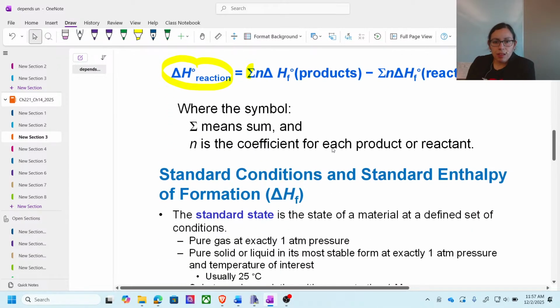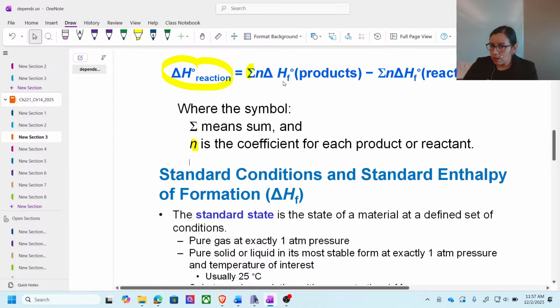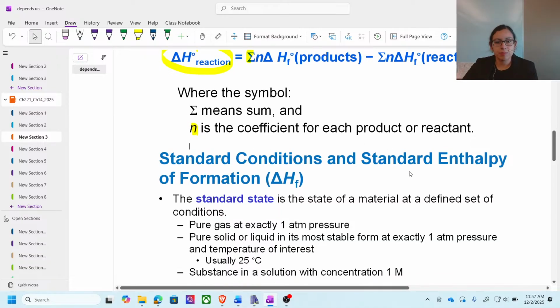And it does scale by molar amounts, so n would be our coefficient. We start with our balanced equation and then figure out the standard enthalpies for each product and multiply by the correct molar amount.